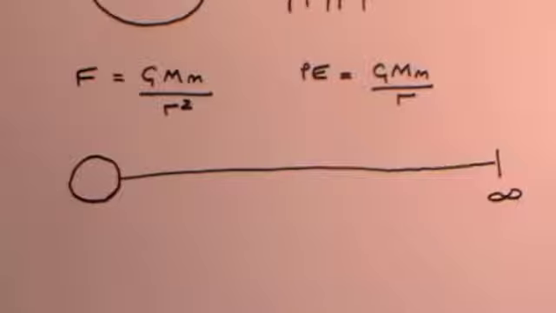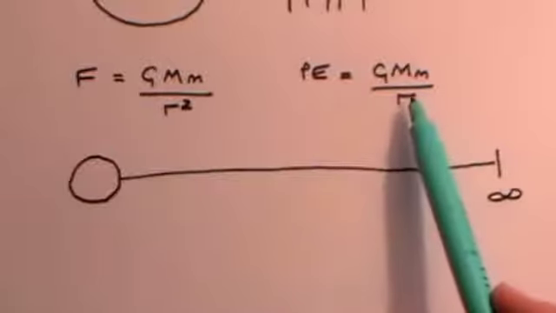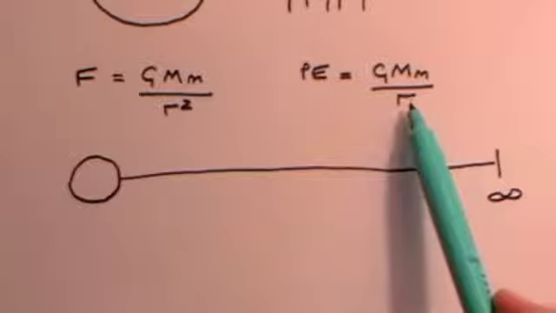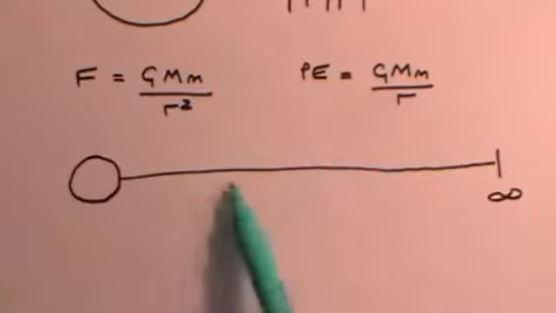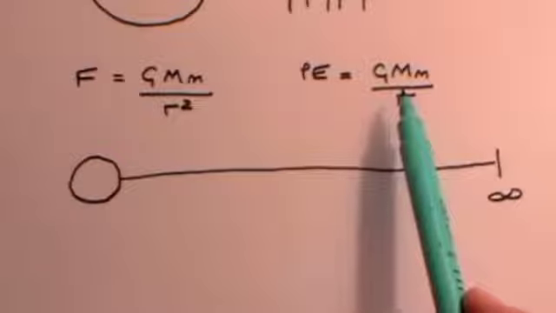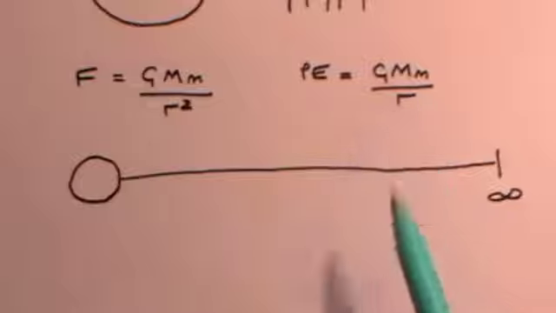Of course, it will never reach infinity, but conceptually, if it were to stop before it gets to infinity, then there will be some potential energy, because the potential energy never reduces to zero. It gets smaller and smaller as r increases. r is the distance away from the Earth, but it's never zero. It will only be zero, strictly, when r is infinity.